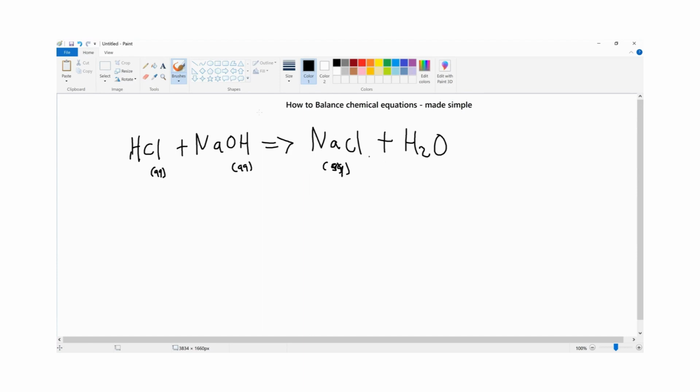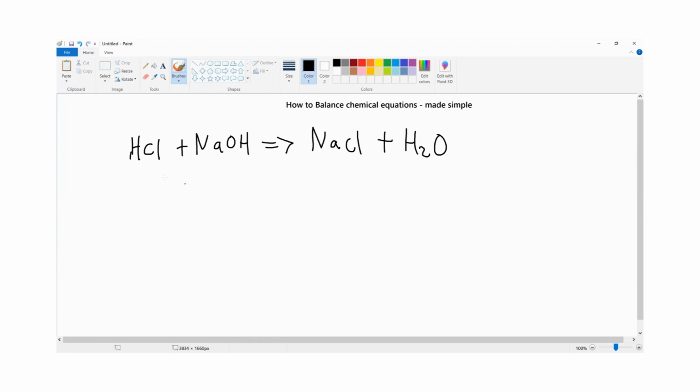Aqueous salt. Just do that, and then this is liquid. Just keep in mind that I am not writing that here, but in future lessons, even in your classroom, you might need to put the state of the chemical formula. It could be gas, a solid, or liquid, or an aqueous solution.